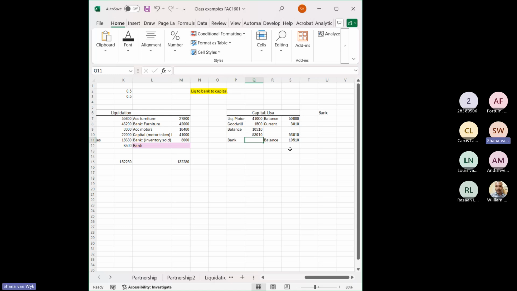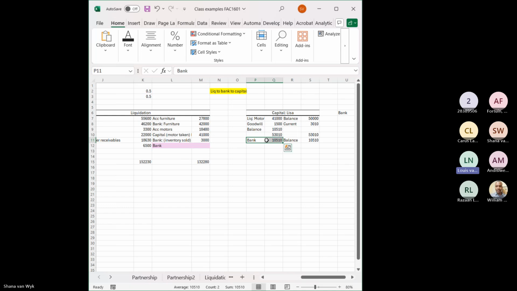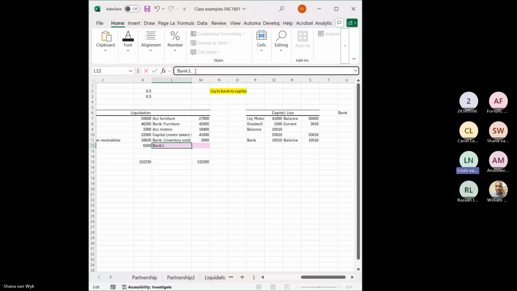Okay, I see. So if we're going to pay it out, the shortfall, we're not going to have bank there. Where you have bank now in purple, that is going to be two line items from each of your capital accounts, which have to fund that shortfall. So the shortfall is the remaining balance?